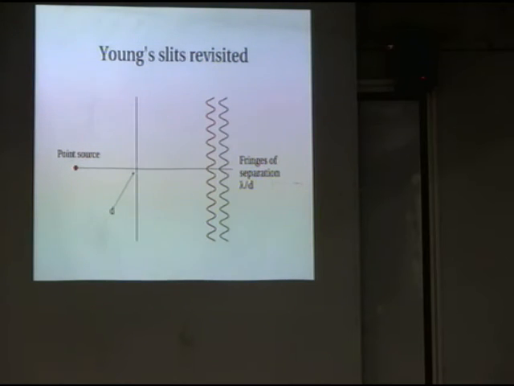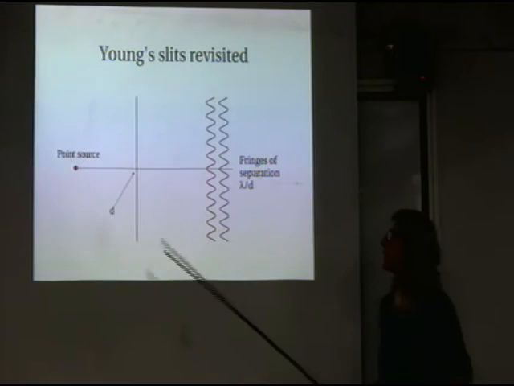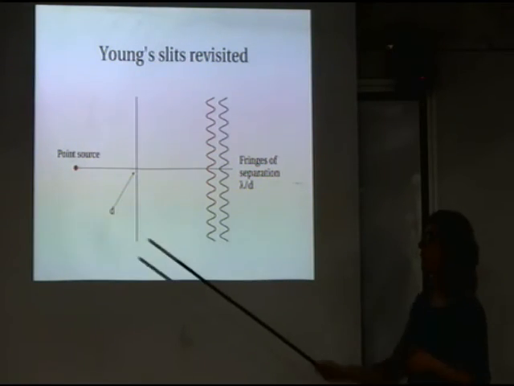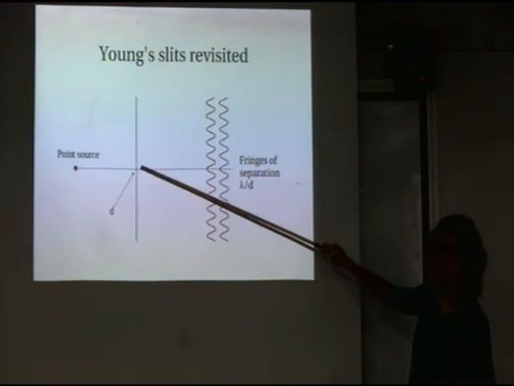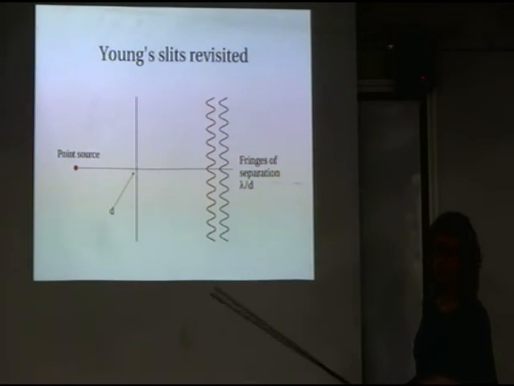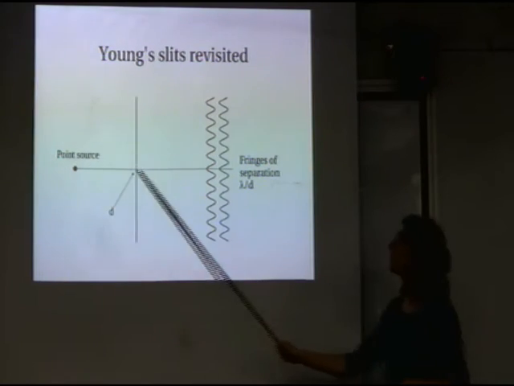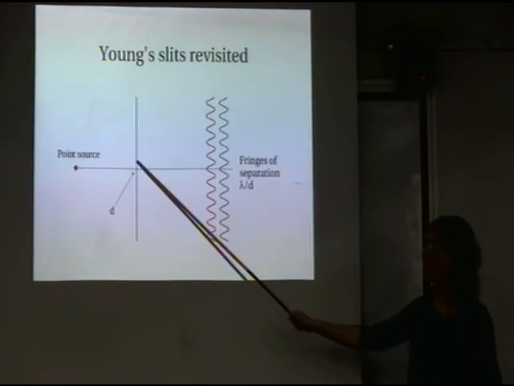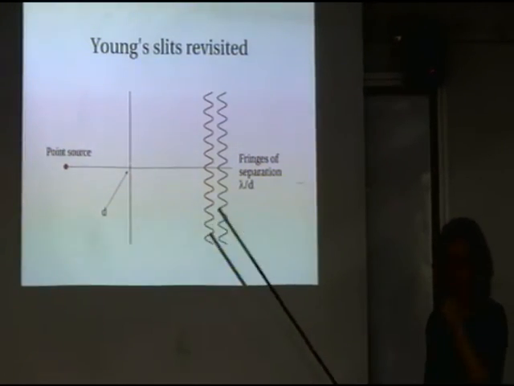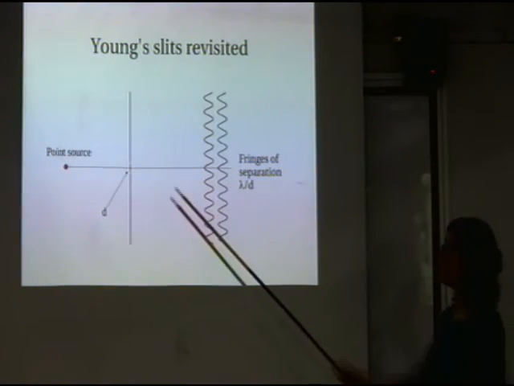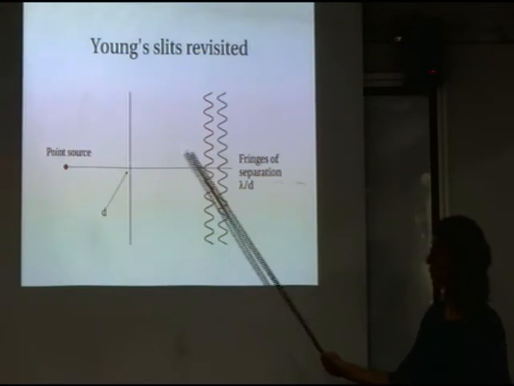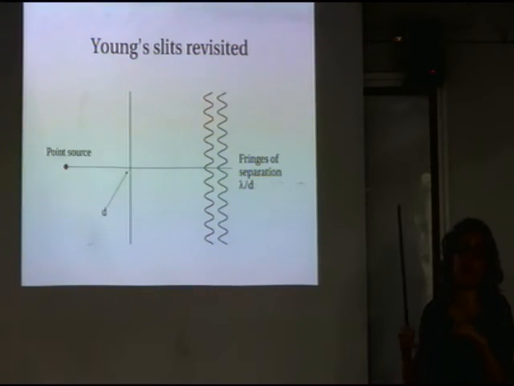So we will think of a point source here, and then we will let the waves go through two small holes here, okay? So the waves will go through these holes, and then we will see the result, what comes out on the other side. Because the waves go through these two holes, there will be an interference of these waves.